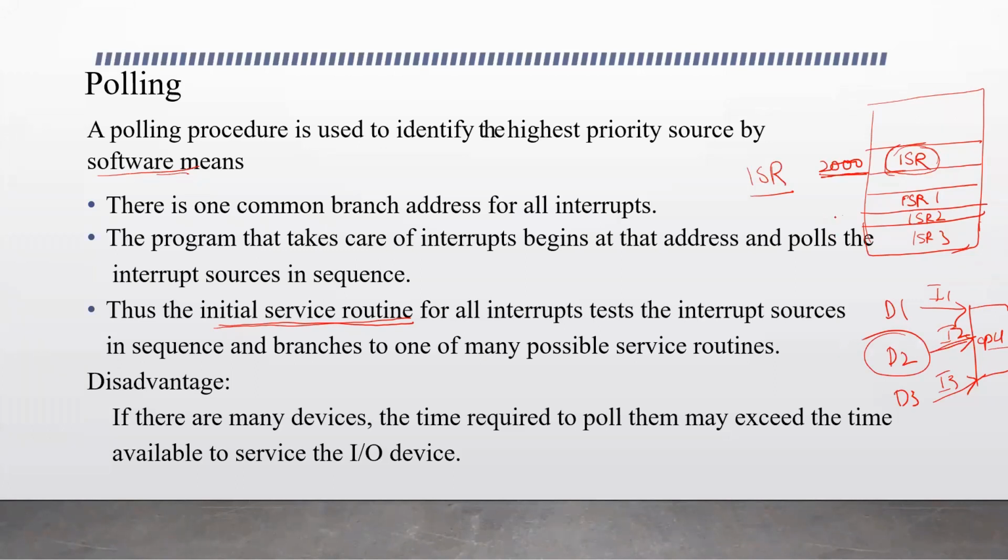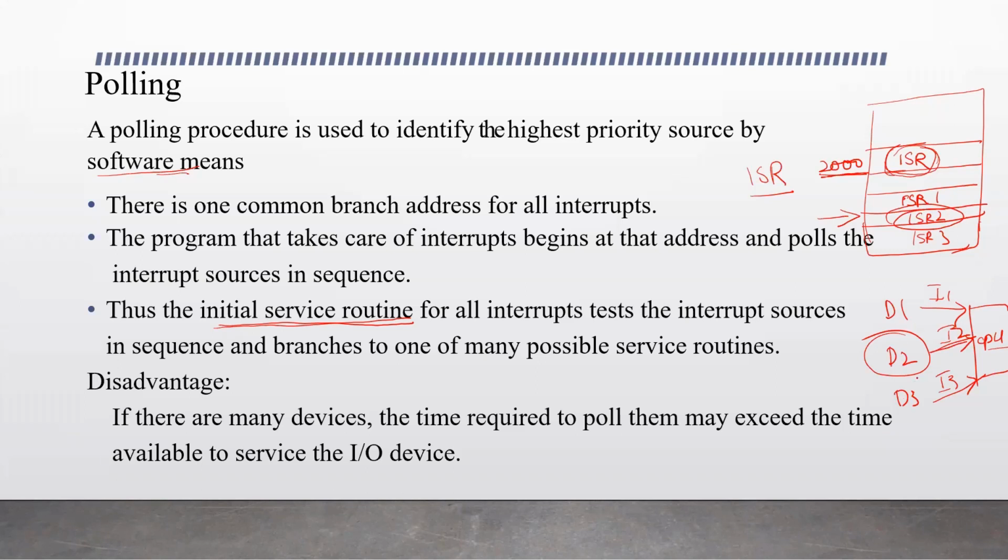So the control branches to this address and executes these instructions. It finishes this interrupt service routine, and then the next device, which gets the next priority. This way of testing the devices for prioritizing, for serving the interrupt, is called polling.